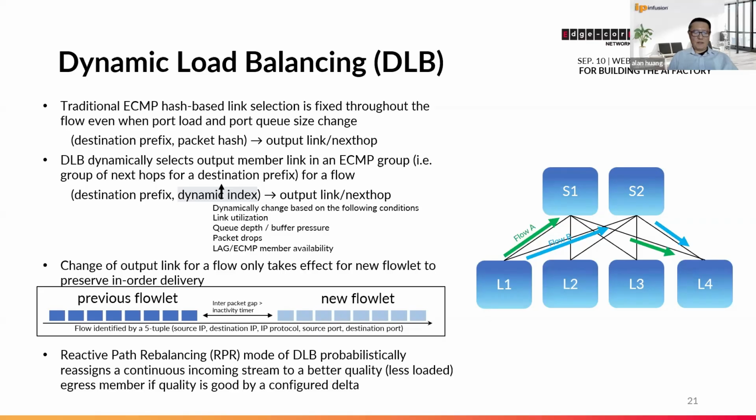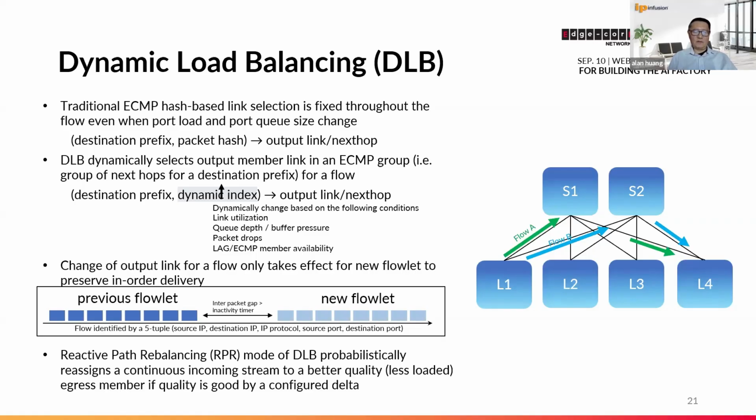And that needs to be considered as well for dynamic load balancing to select the output link for a given destination prefix. So to preserve packet order, flows are not just being switched over in the middle of a flow, but rather the flows are only rebalanced after they become inactive for a predefined period.